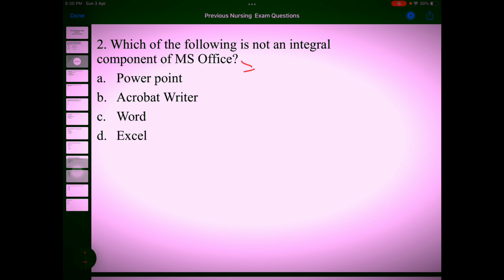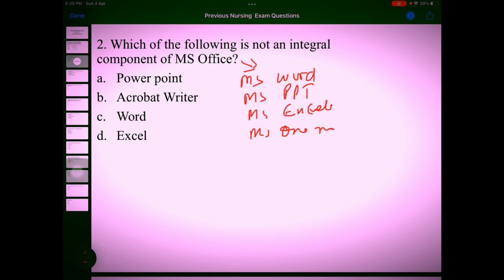The components of MS Office: first is MS Word, which is Microsoft Word. Then MS PowerPoint, we can also write PPT. Then MS Excel, then MS OneNote, then MS Outlook, then MS Publisher, and MS Access.